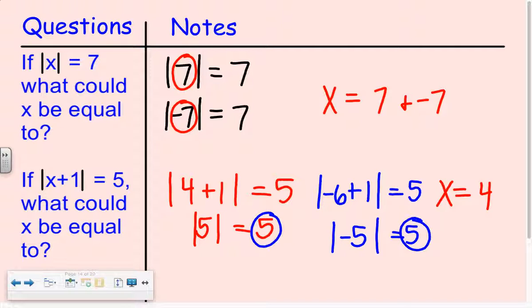Negative 6. Because negative 6 plus 1 is negative 5. The absolute value of negative 5 is 5. And 4 plus 1 is 5. The absolute value of 5 is 5. So notice how we're ending up with two solutions for these problems. We're not ending up with just one x value as our answer. We're ending up with two x values for our answer.